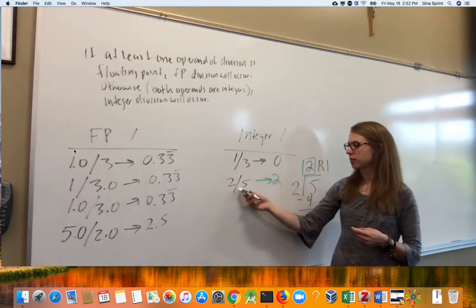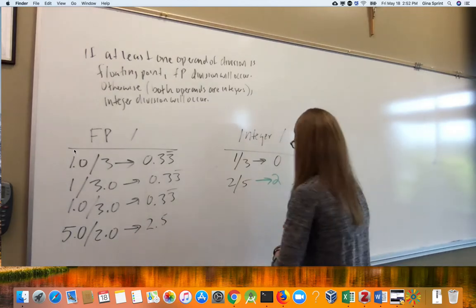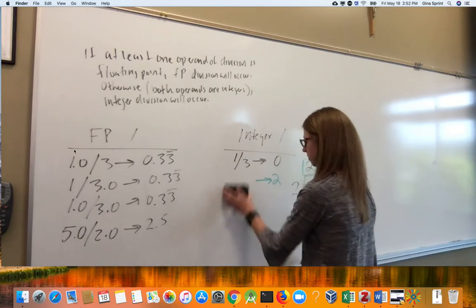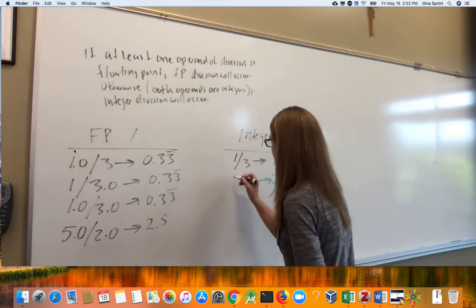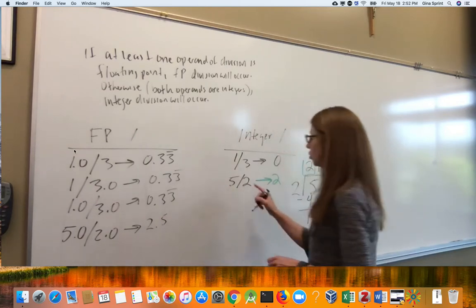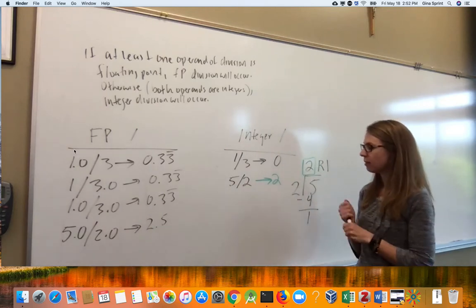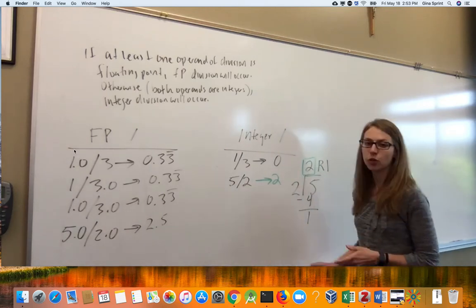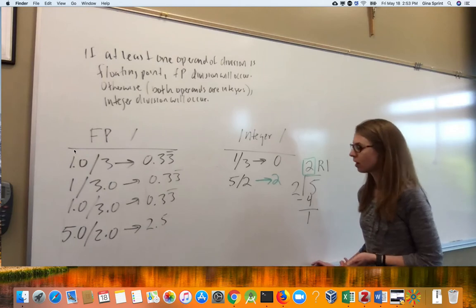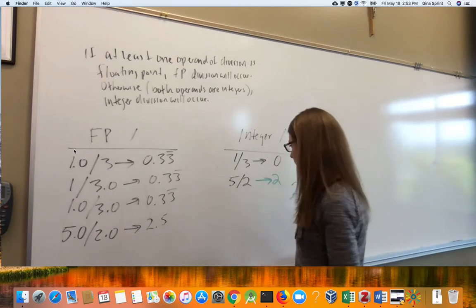2 goes in, sorry, I wrote this wrong. Two goes into 5 evenly 2 times, so 5 integer divided 2 is 2. Let's do another example.